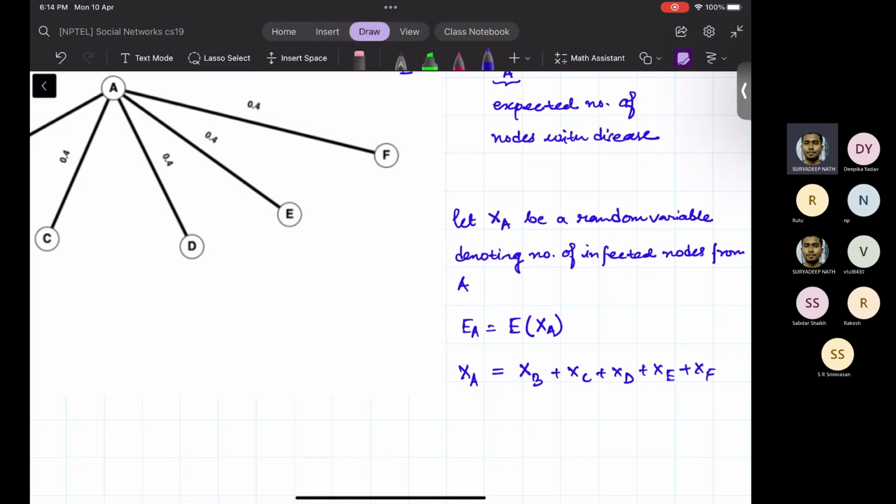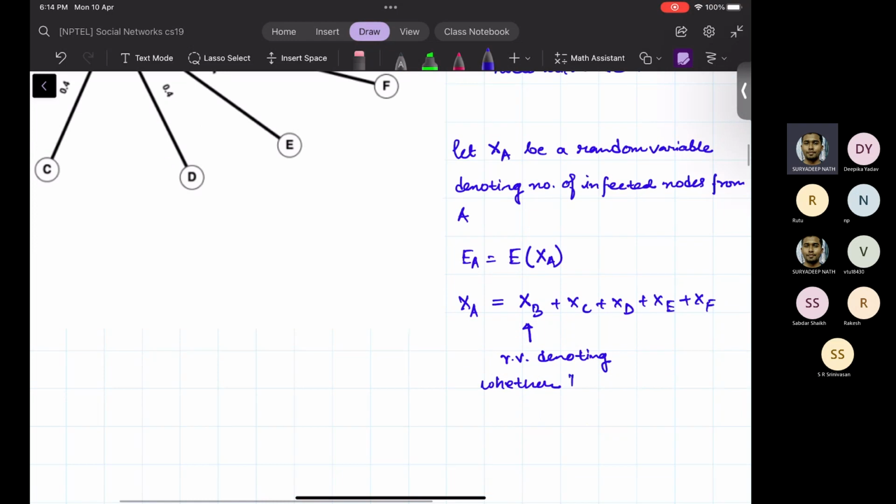These all represent a random variable denoting whether B is infected or not.